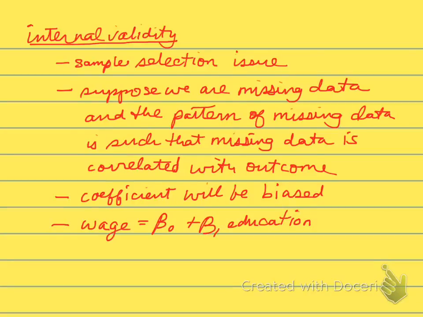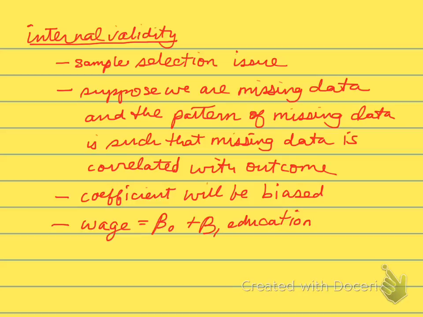One occasion on which we'll question the internal validity of the estimate of the relationship between an explanatory variable and some outcome variable is when we think we have a sample selection issue. It may be that we are missing data, and the pattern of missing data is such that the missing data is correlated with the outcome.